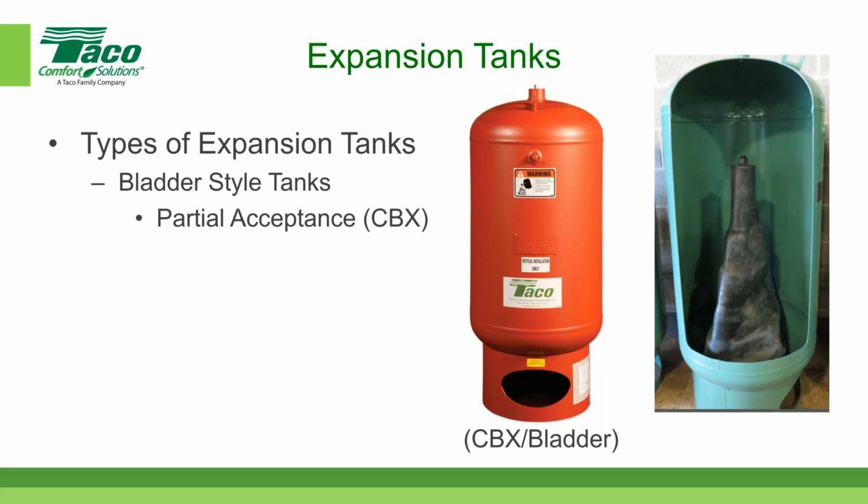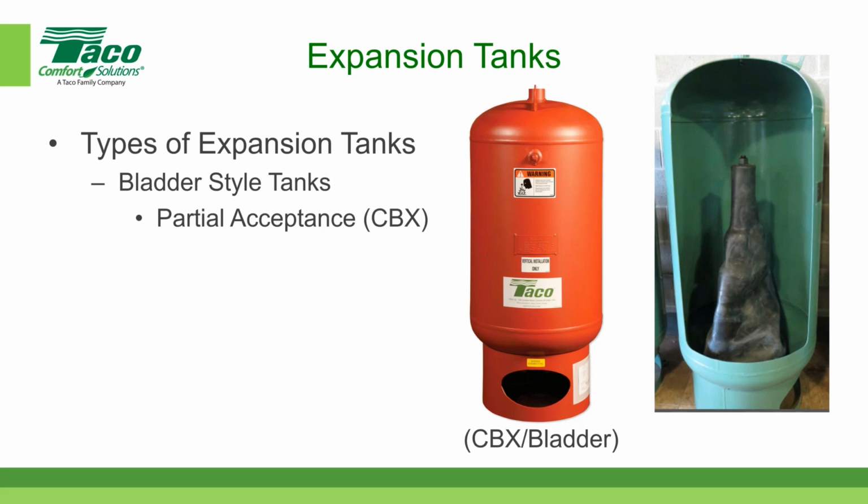Now, a partial acceptance tank means that the bladder does not expand to the full physical volume of the sealed container. Again, using our example of 100 gallons, the steel container may have a volume of 100 gallons, but the bladder perhaps only expands to some percentage of that. And we'll get into the details, but let's assume for this part of the discussion that the bladder has 50% of the steel container.